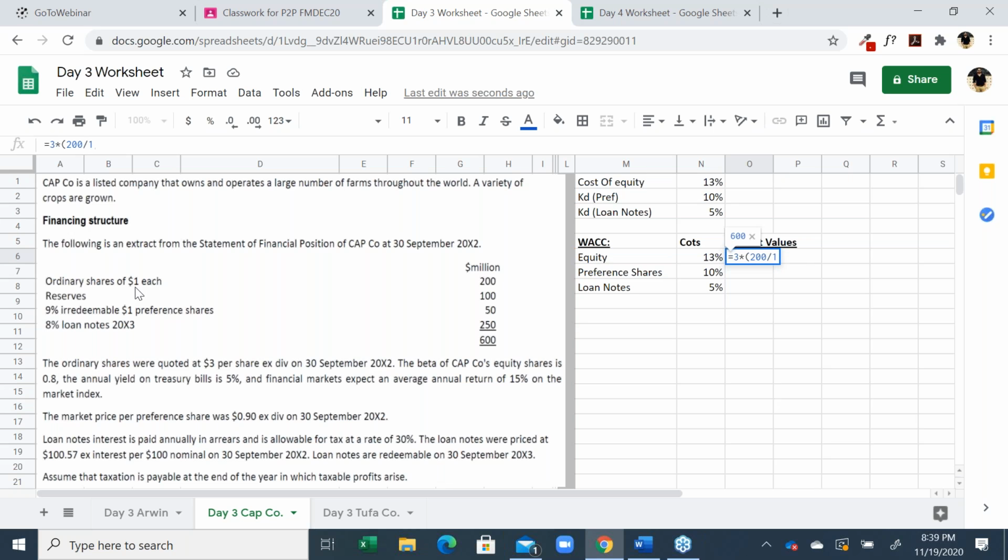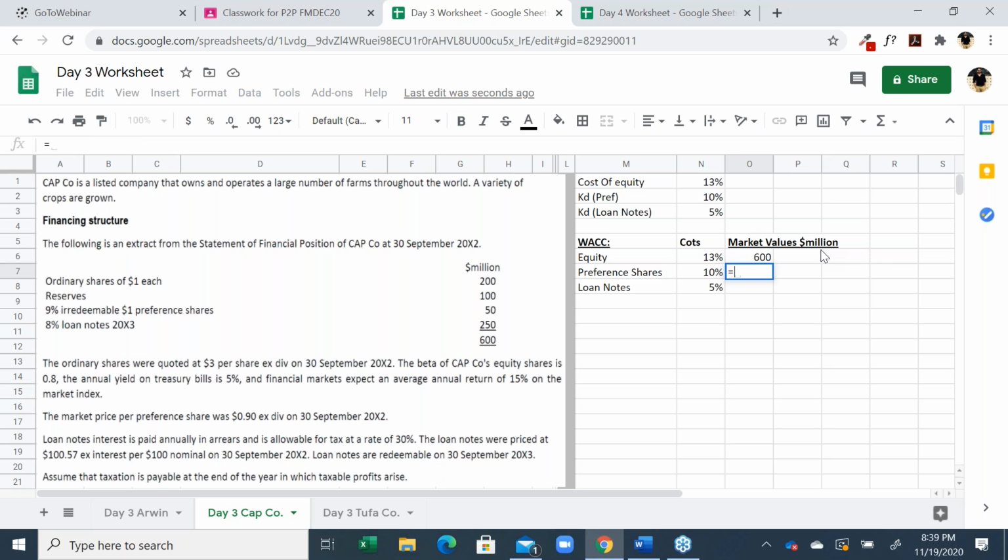This will give us the total number of shares in issue. 200 divided by 1, so it will be 200. And if I multiply it by 3, I'll get the market value in millions, 600 million. So that's the market value of equity.